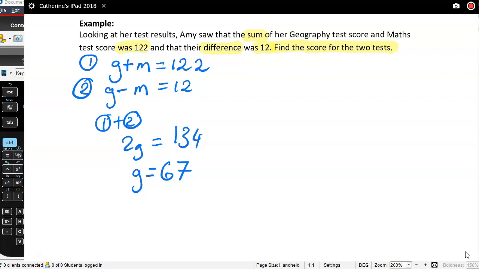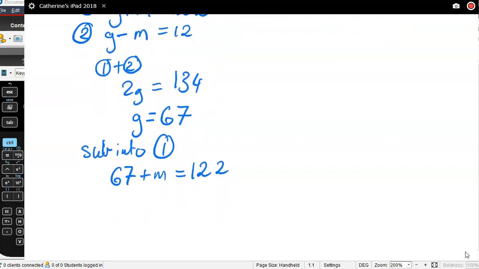So I'll sub into, which one will I sub into? I'll sub into 1. So 67 plus M equals 122. So M equals 122, take 67, 55.